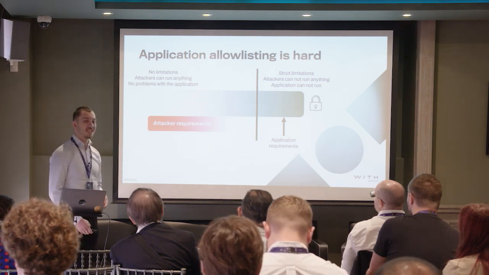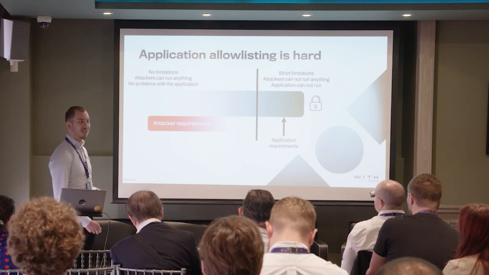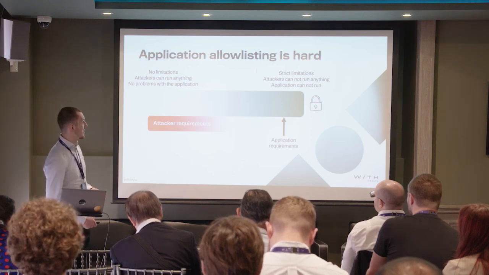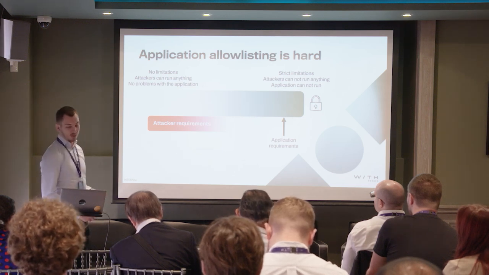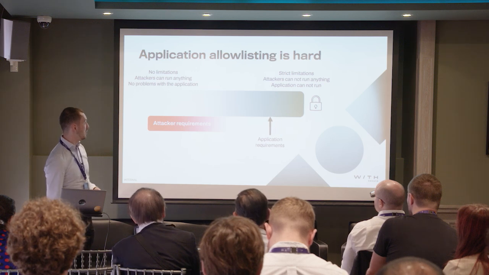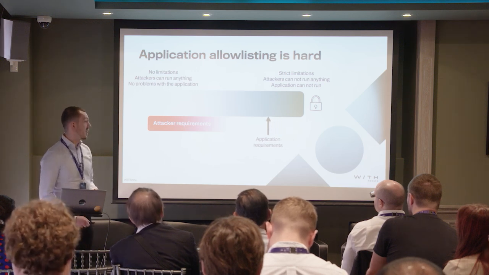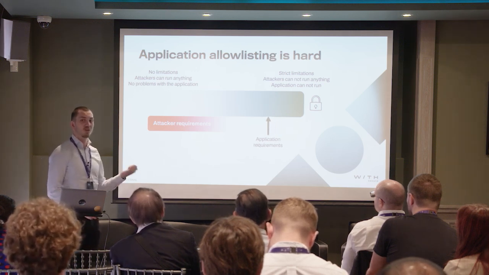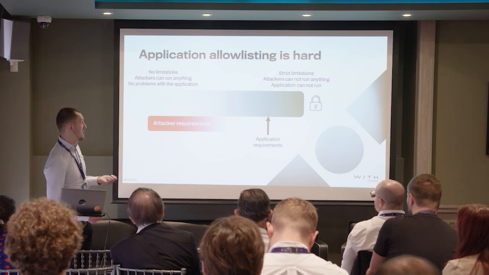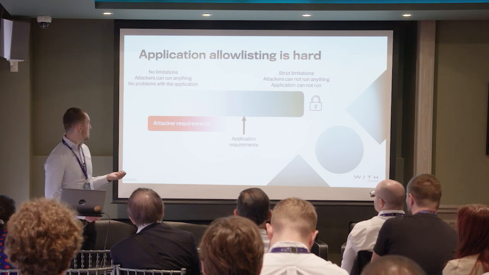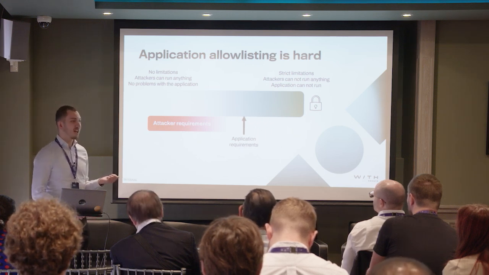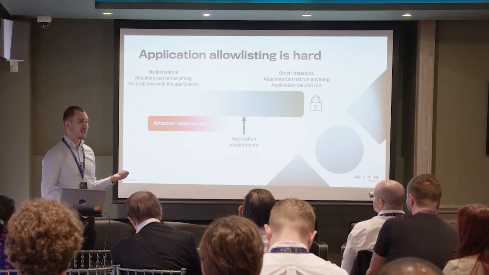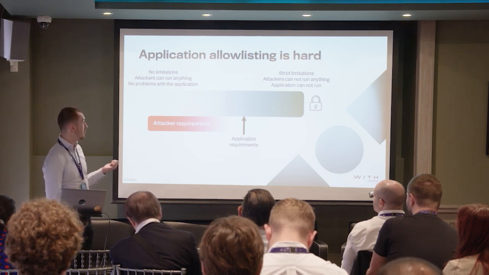However, let's say that this simple application is updated and now it has extra functionality. Let's say that now it also needs some built-in Windows tools. That's fine. Now let's say it needs Python, so it also has to include the Python interpreter. Well, that gets us dangerously close. Now let's say it includes a third-party software which for some reason likes to drop exes into temporary folders and execute them.